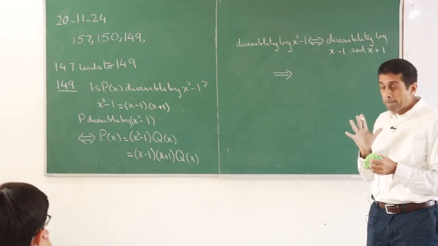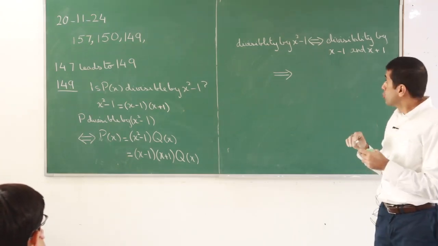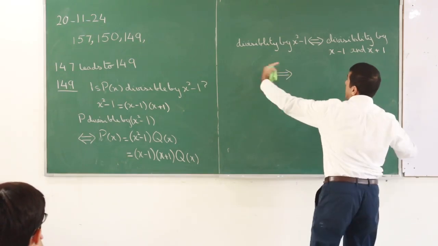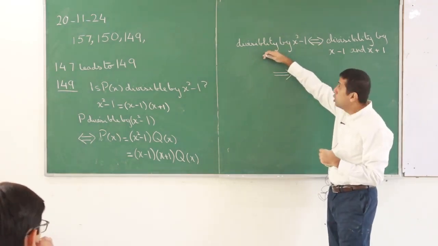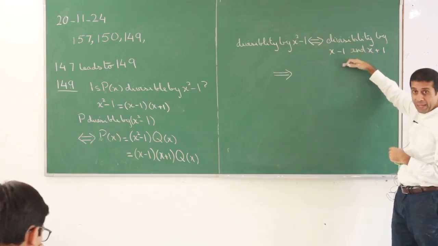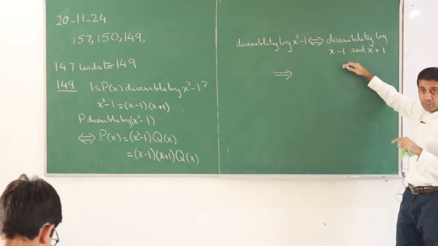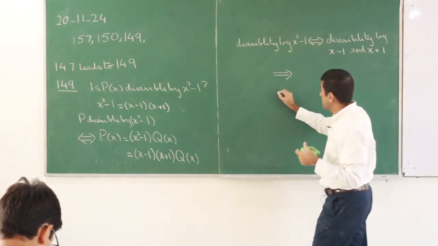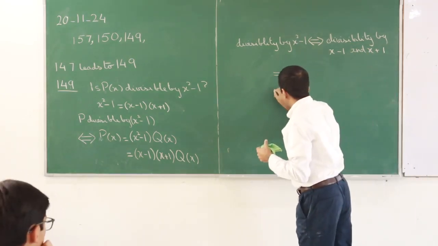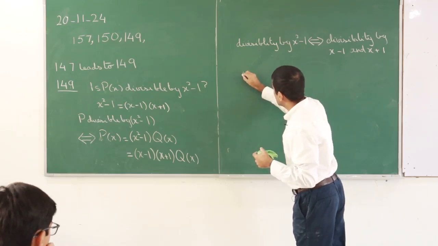ठीक है? Yeah? Now, so I've shown you this side of the arrow. कि if you assume divisibility by x square minus 1, you can show divisibility by x minus 1 and x plus 1. Both have to be true. Now for the flip side, अब मैं वापस जाना चाहता हूँ. So ये हमारी assumption होती है in general. So this is what the arrow means, right?